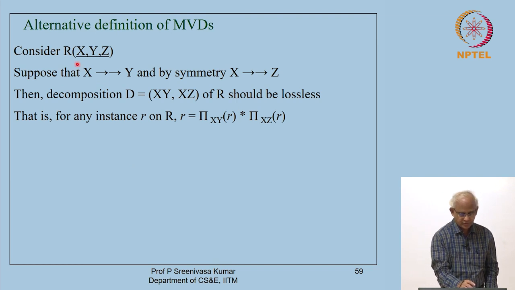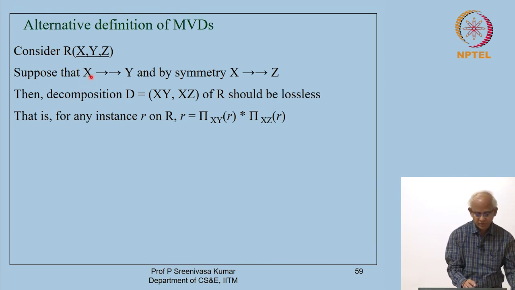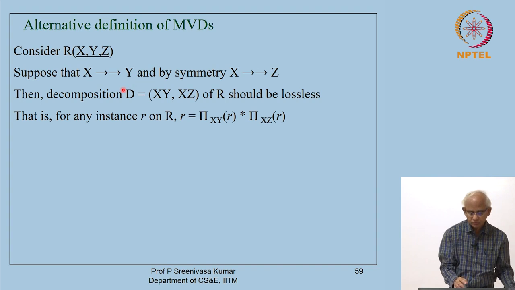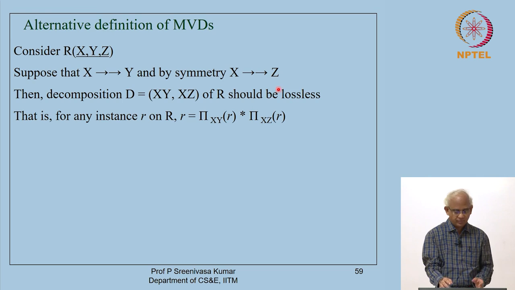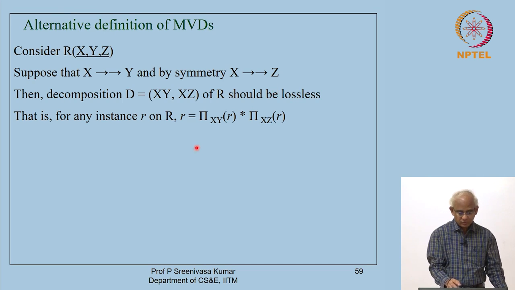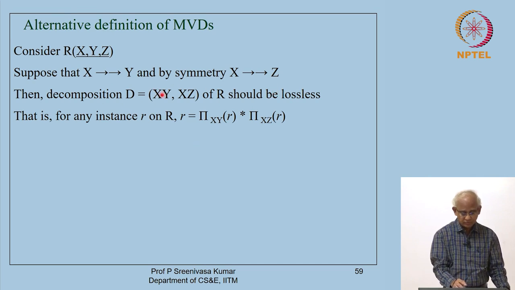Okay. So, let us again consider some relation like this: x, y, z, and let us suppose that x multi-determines y, then by symmetry we know that x multi-determines z. Now, you can actually say that x multi-determines y exists in terms of this decomposition.